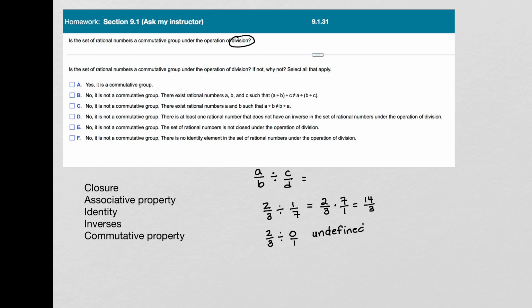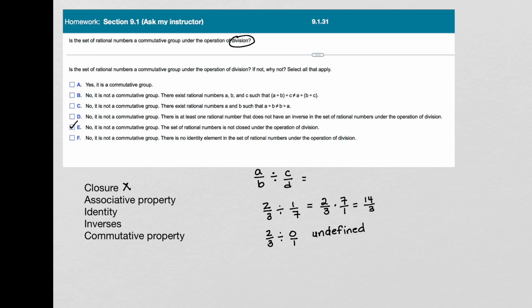So it's definitely not a rational number. So we do not have closure. Most of the time, you're going to get a rational number when you divide two rational numbers, but not if you're dividing by 0. And so it's not closed. So let's see, that would be E.